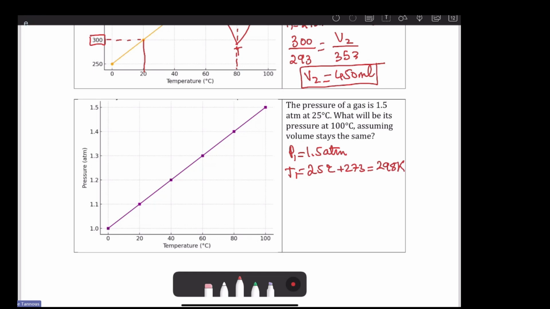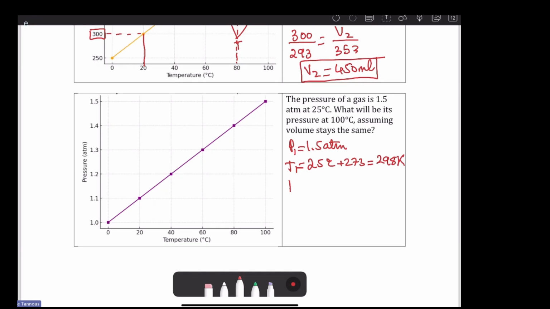Okay, so what will be the pressure at 100 degrees Celsius? So immediately the 100 degrees Celsius, you add 273 to it. So this is 373 Kelvin, assuming volume stays the same. So the volume is constant.